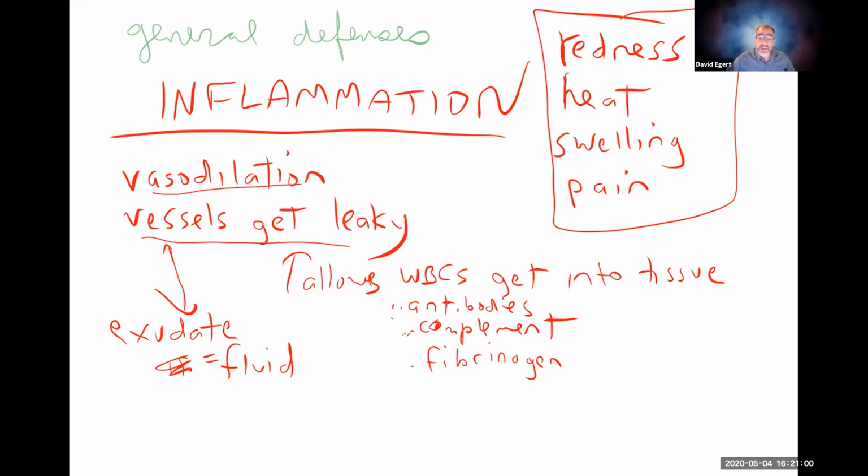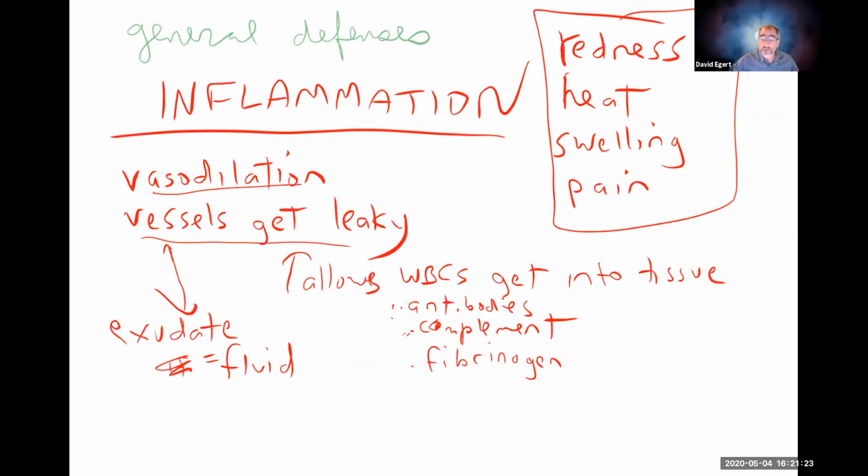Why would it make sense to have fibrinogen going out into this area where the infection is happening? To stop it from spreading? Exactly. So it's going to basically physically wall off the area so the fight is contained and the infection is contained and doesn't just start spreading systemically all over the place.